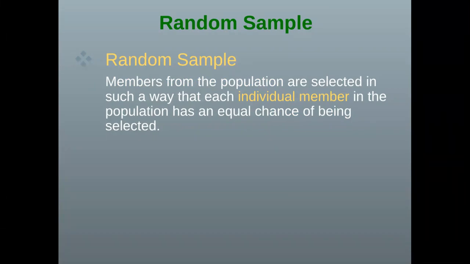Notice the difference here is that every individual member has an equal chance, versus a simple random sample where every possible group of a certain size has the same chance, okay? So those are kind of our differences. And it may seem intuitively like those are the same thing, but mathematically they're not. So the random sample is what we're mostly going for. And typically when we do something, we will automatically assume a random sample, or it'll be explicitly stated in problems as well.